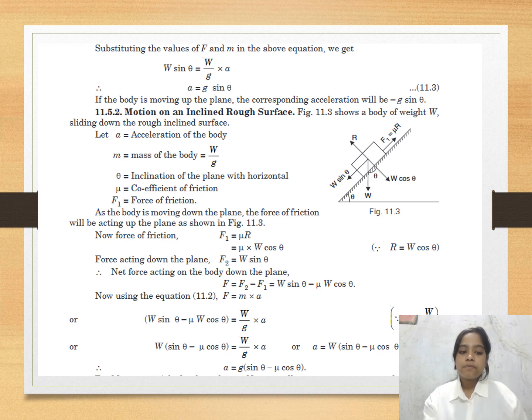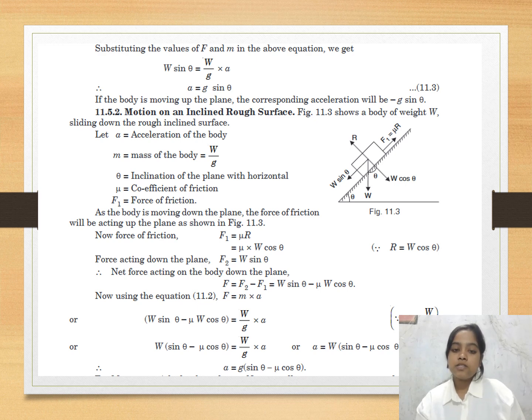Theta is the inclination of the plane with the horizontal, mu is the coefficient of friction, and F1 is the force of friction. As the body is moving down the plane, the force of friction will be acting up the plane. So F1 equals mu R.